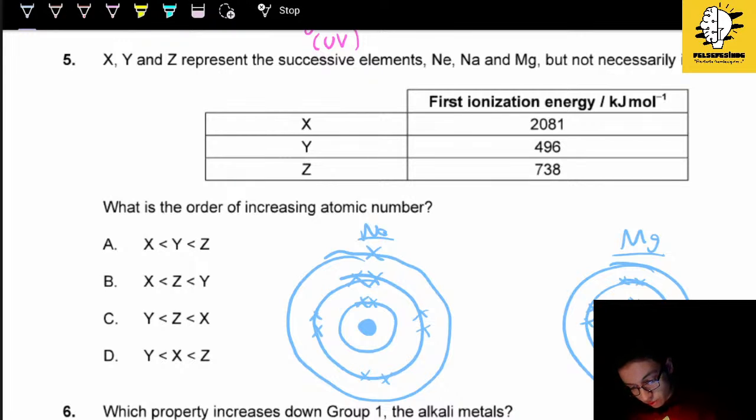What is important here is that as we go from left to right in a period, the atomic radii will decrease.